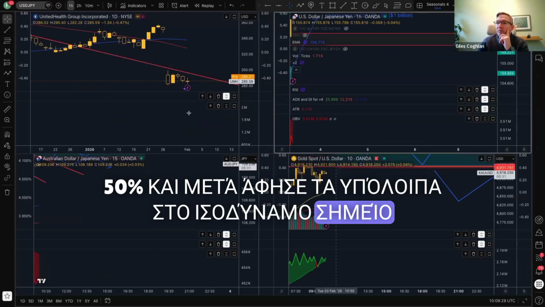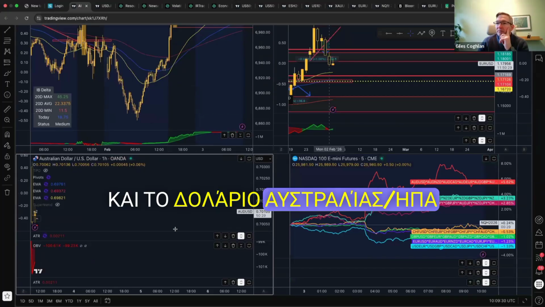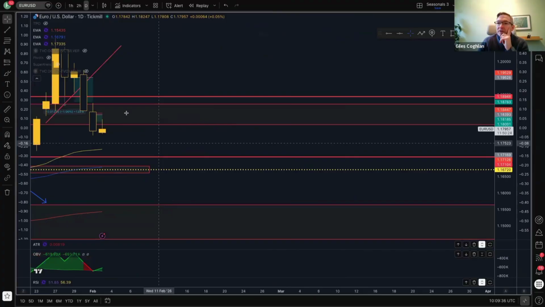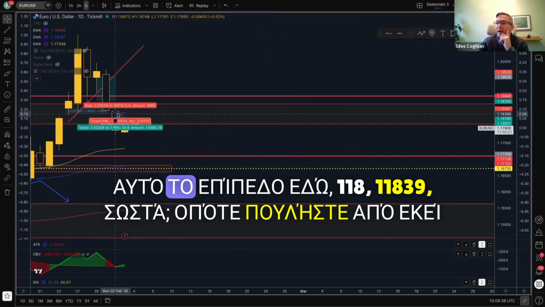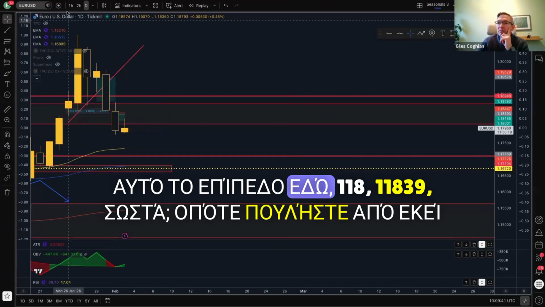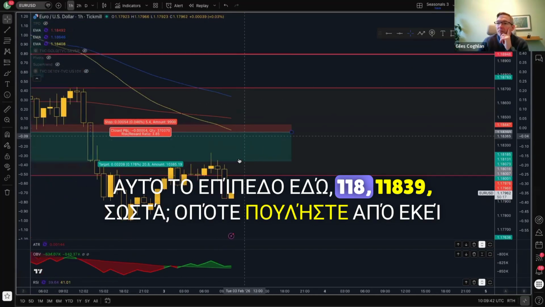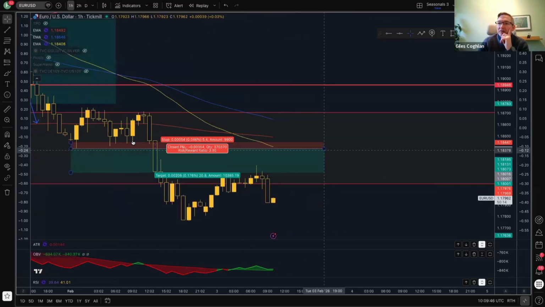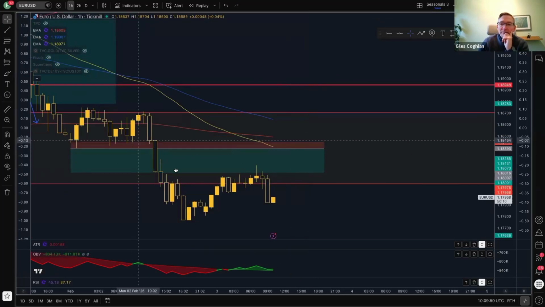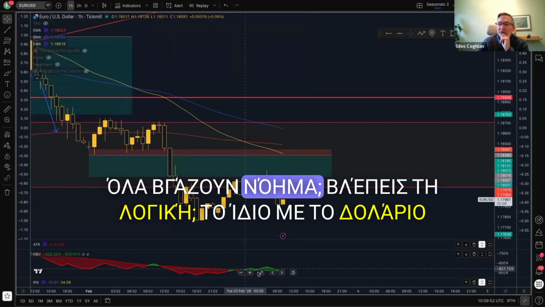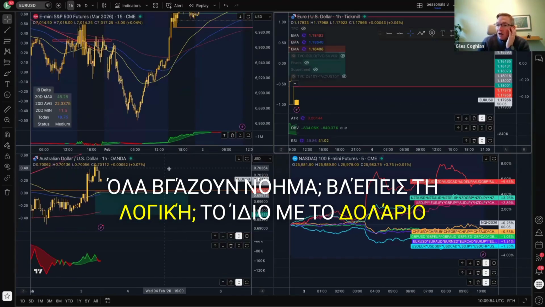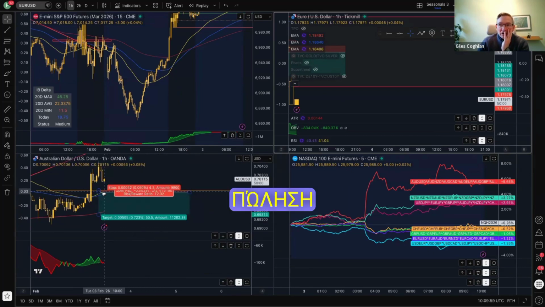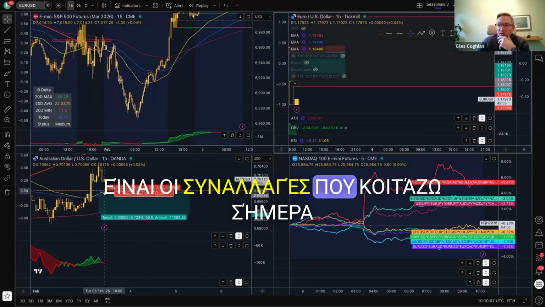And the euro dollar, this level here, 11839. So sell from there, 5 point stop. So all making sense? You see the logic? Similarly, the Aussie US dollar, 6981, sell, 5 point stop. So they're the trades that I'm looking at today.